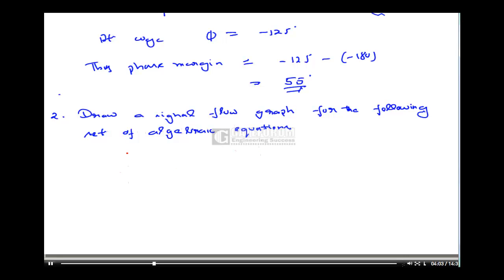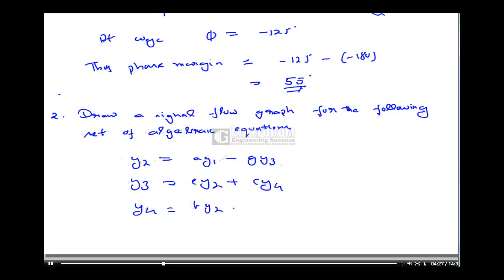y2 equals a y1 minus g y3. y3 equals e y2 plus c y4. y4 equals d y2 minus d y4.